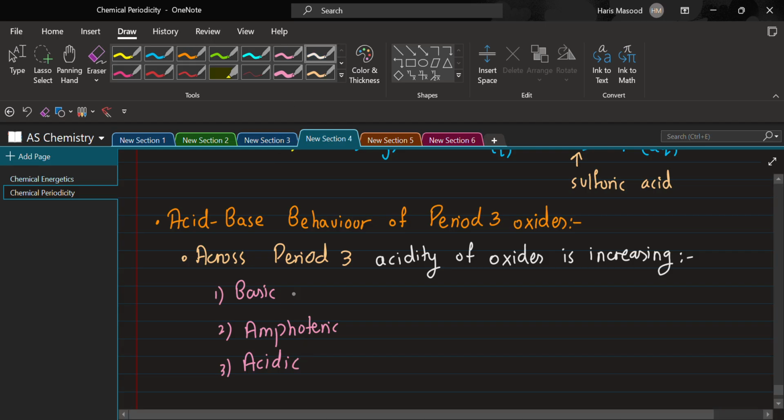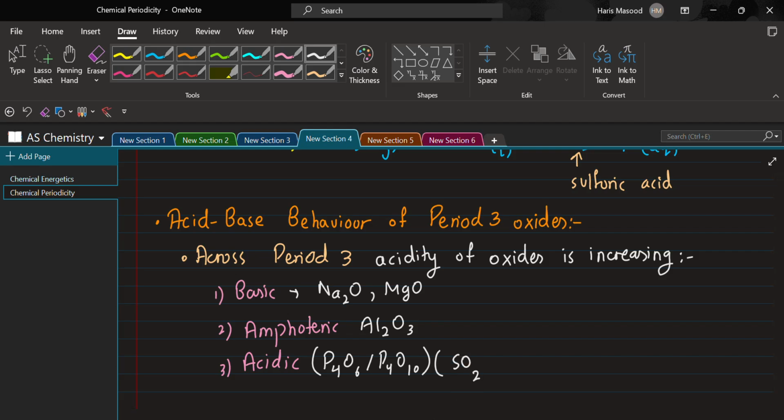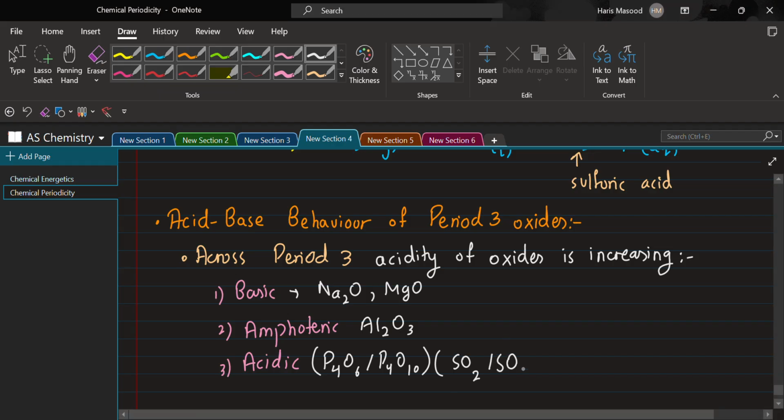So in basic we had Na2O and MgO, then in amphoteric we had Al2O3, then in acidic we had P4O6, P4O10, SO2 or SO3. These were the trends. So as we are moving across, the acidity of oxides is increasing across the period.